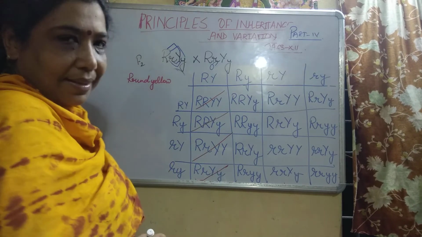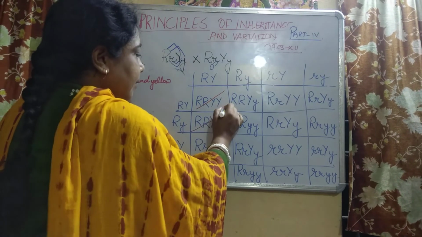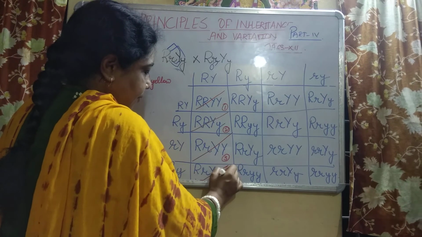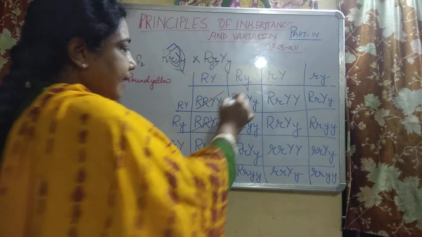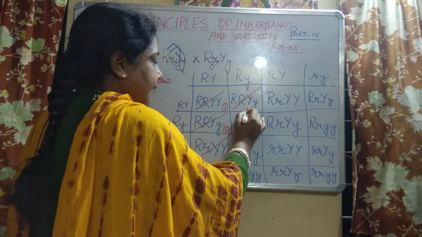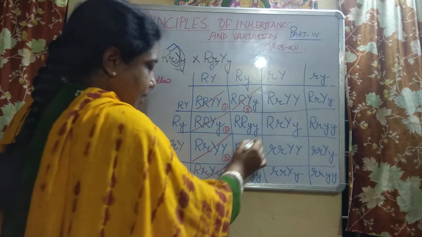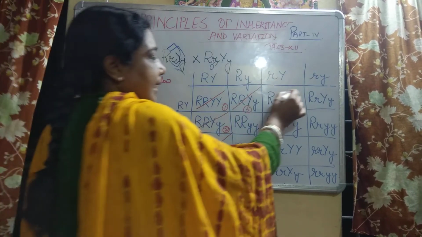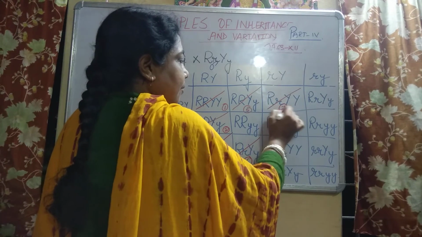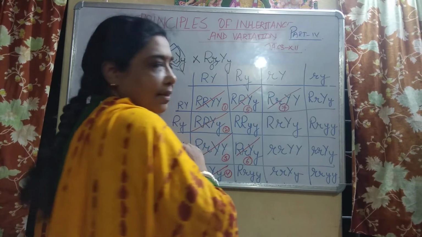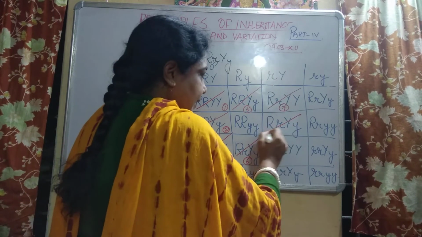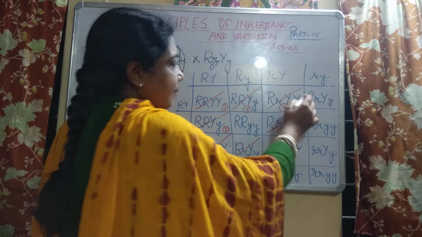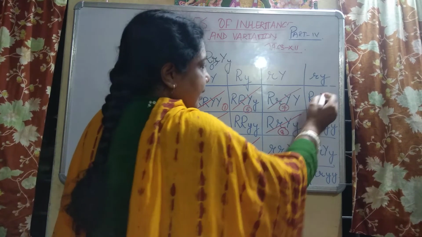Removing this. 4 done, right? 1, 2, 3, 4. Then this one 5. This is also round yellow. Then 6 round yellow. Then this one is 7, because you see the dominant one. Then this is 8. No, these are not. Then again you see 9.